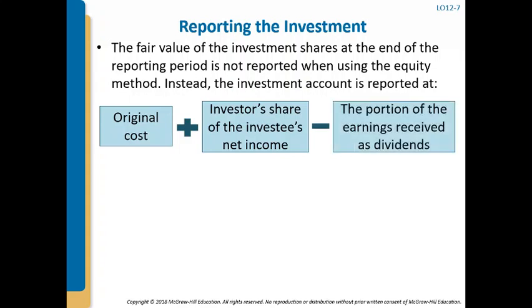As far as reporting the investment, the fair value of the investment shares at the end of the reporting period is not reported when using the equity method. Instead, the investment account is reported at its original cost plus the investor's share of the investee's net income minus their portion of any earnings received as dividends.